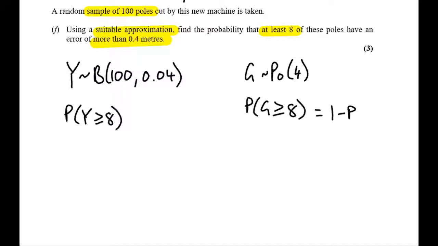Once again, a 1 minus, and a 1 minus with G less than or equal to 7. Being a discrete distribution, the same value will not appear in these 2 statements. Looking this up in the table, that's 1 minus 0.9489, which gives us 0.0511.